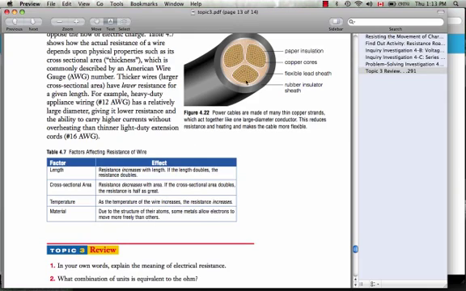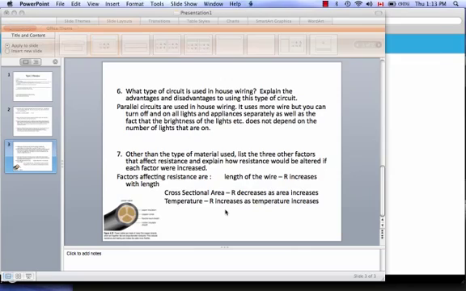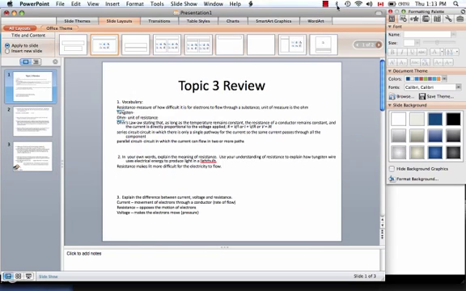For example, gold and copper are good at conducting and they have low resistance. However, something like tungsten and nichrome are wires that tend to allow more resistance or slow the flow of electrons down more. So temperature, cross-section, length of wire, and type of wire. So that helps you explain some of the concepts in topic 3.